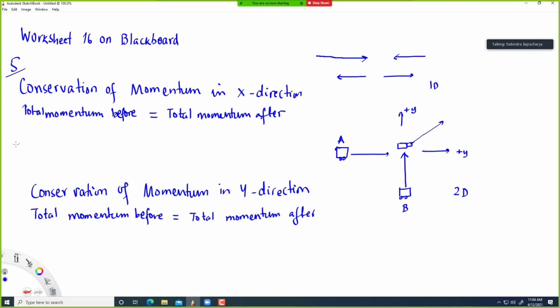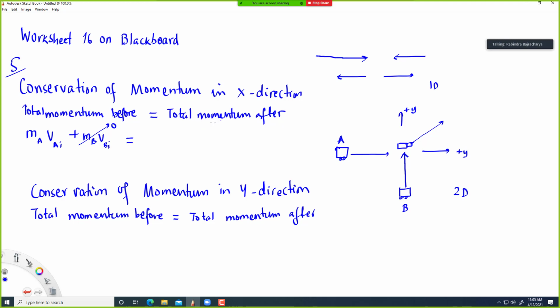So total momentum is momentum of A only, not that of B, because B doesn't have x component. So mass of A and velocity of A initial. If you want, you can also write m_B v_B initial, but this is 0. There is no x component of this before collision.